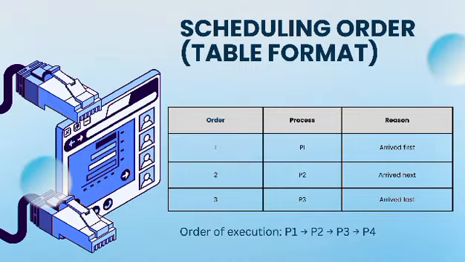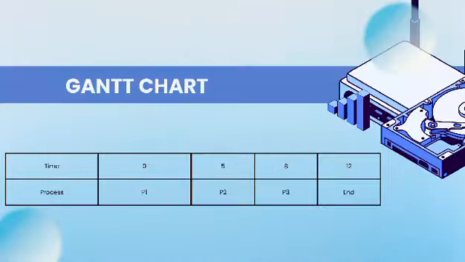Finally, process P3 is executed last because it arrived at time 2. This order clearly follows the FCFS rule: first arrival, first execution.